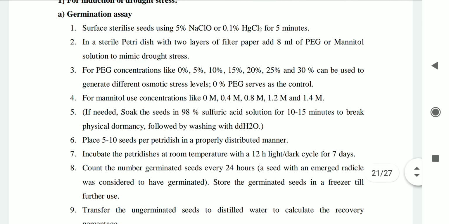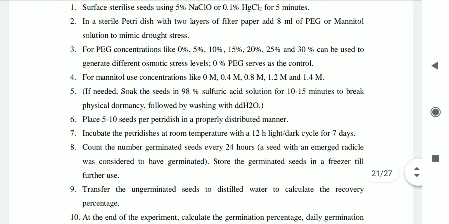Different concentrations of mannitol or PEG solutions can be taken, such as 0%, 5%, 10%, and the 0% would serve as a control. Mannitol can also be taken in different concentrations, such as 0 molar, 0.4 molar, 0.8 molar, etc.